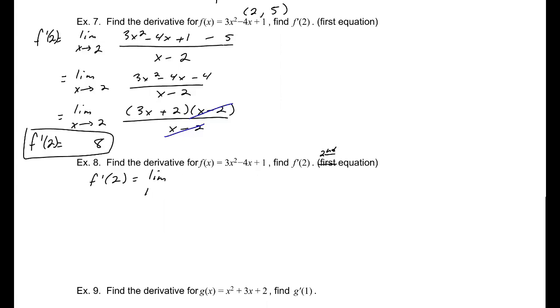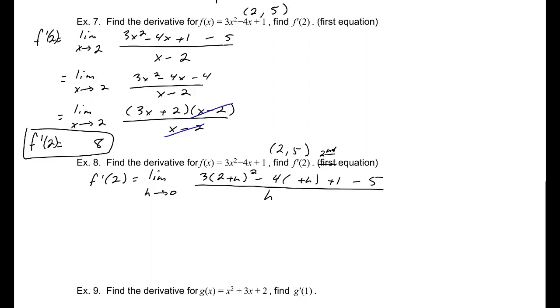The limit as h goes to 0 of 3 times a plus h squared minus 4 times a plus h plus 1 minus f of 2, which in this case we said was 5, so minus 5, over h. Oh, our value of a is 2, so let's replace that with a 2.